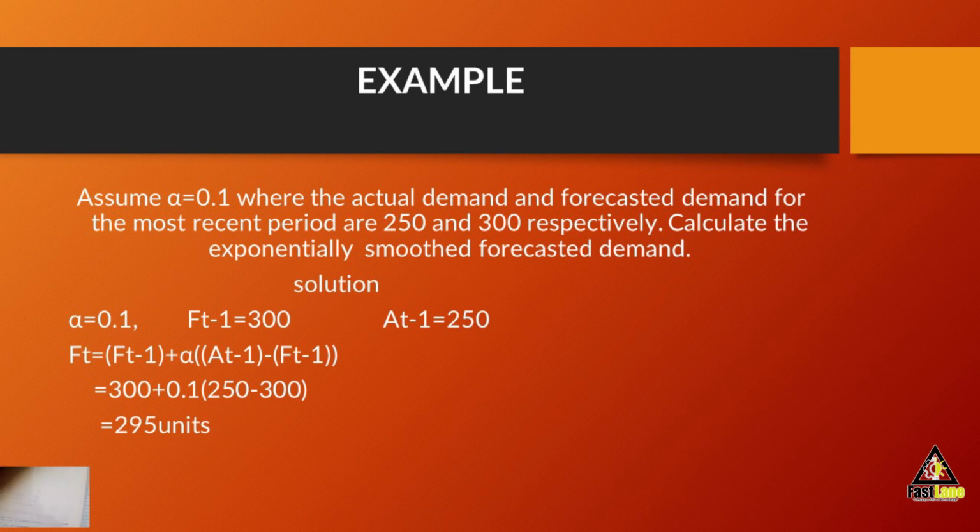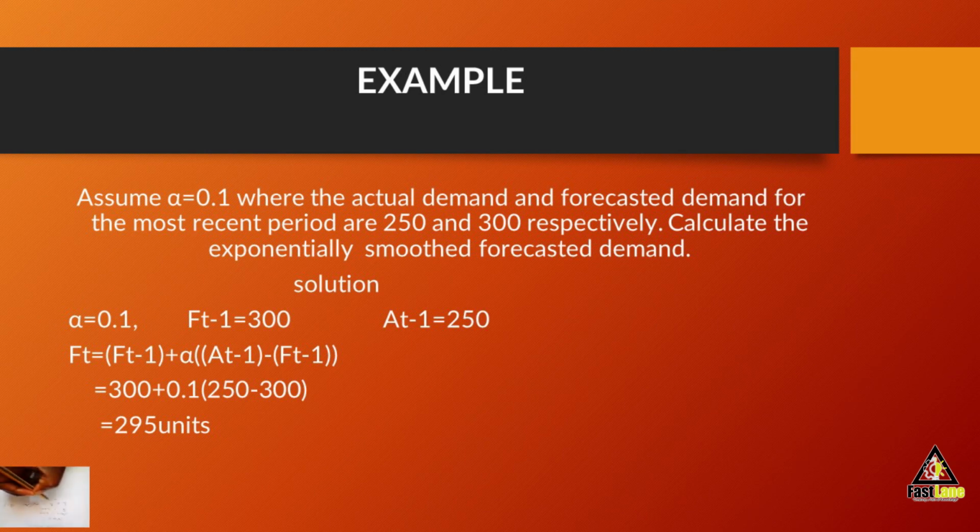We already saw from our formula that F_t is equal to F_{t-1} plus alpha into A_{t-1} minus F_{t-1}. So what is our F_{t-1}? It was given as 300.